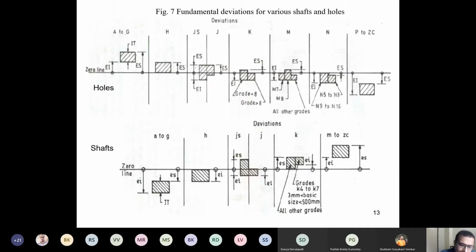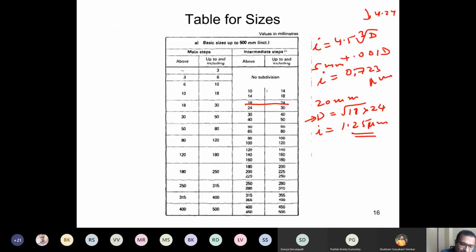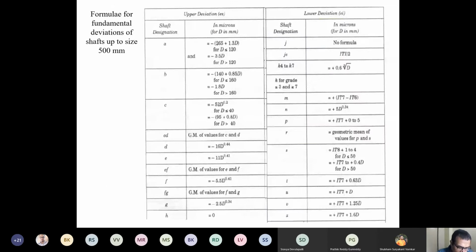So if you see, these are the formulas. A is minus 3.5D, right? For D greater than 120. For D less than or equal to 120, it's minus 265 plus 1.3D. And this D is again in millimeters, and this dimension is in microns. So upper deviation ES is in microns.